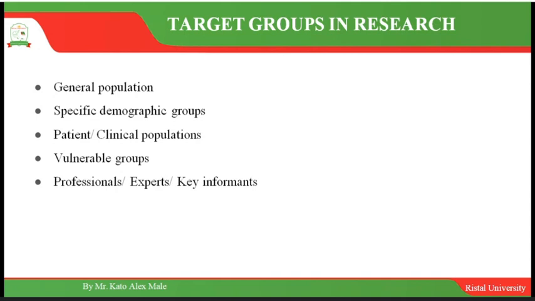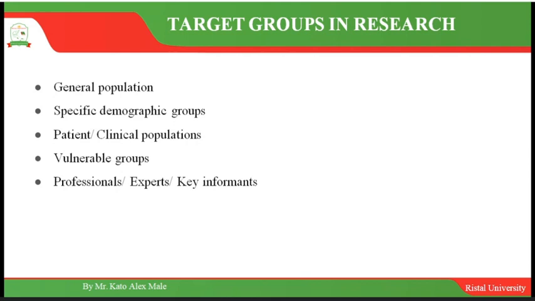Then another targeted group is the patient or clinical populations. For example, these are the people who come to our health facilities. I can decide to make a study on growth monitoring, a study under nutrition, among children admitted to Gulu Regional Referral Hospital. I'm concerned only with those children who are brought to Gulu Regional Referral Hospital when they are sick.